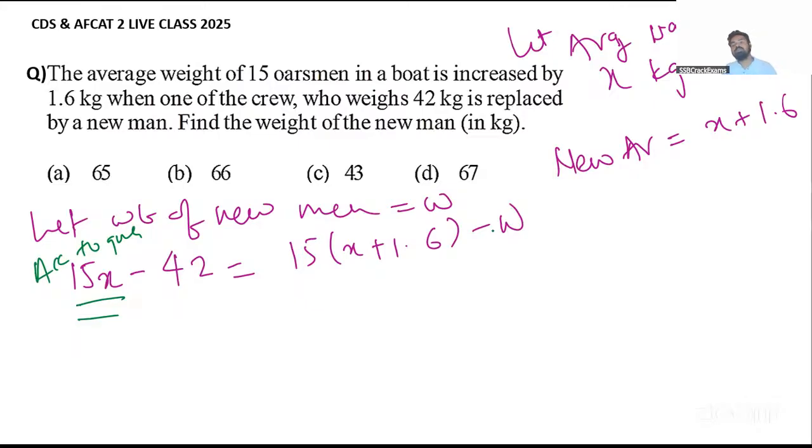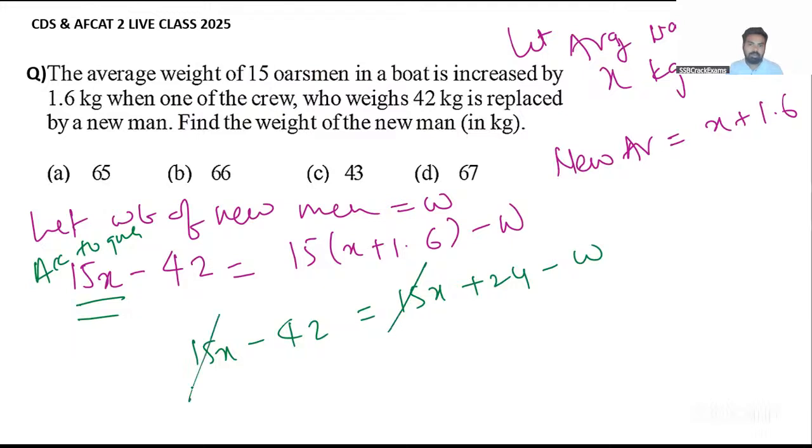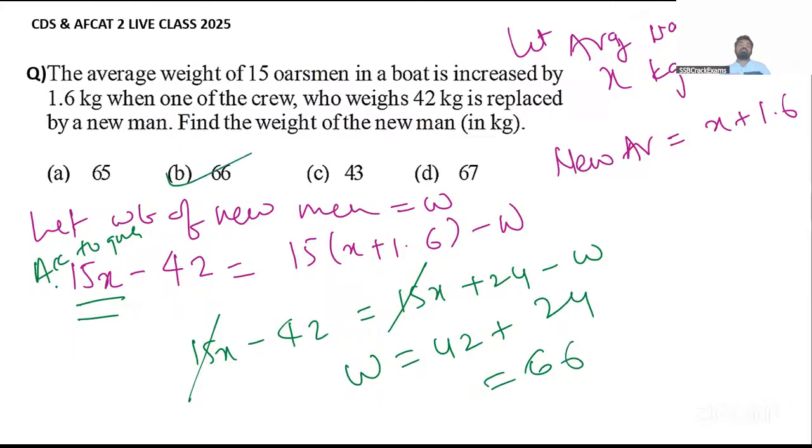And now again, we removed the new person. So this is equal to 15x minus 42 is equal to this quantity. When you simplify, it is 15x minus 42 is equal to 15x plus 24 minus W. So 15x will cancel out and we will have W equal to 42 plus 24, 66 kg. Option number B. This is also an easy question.